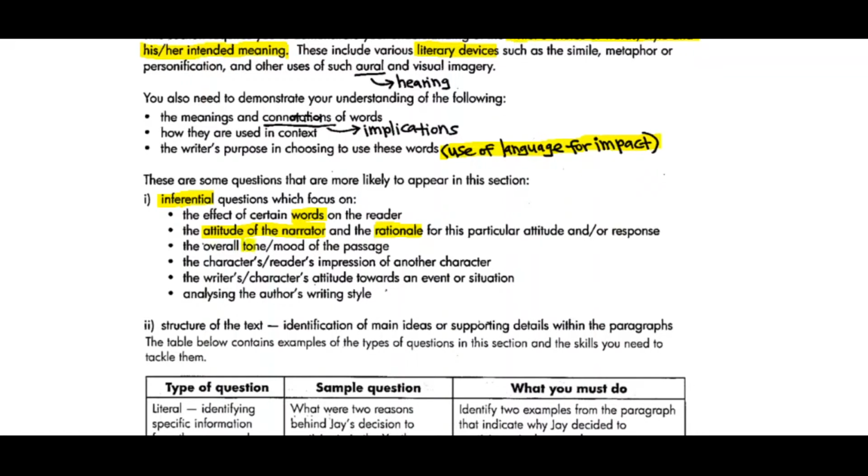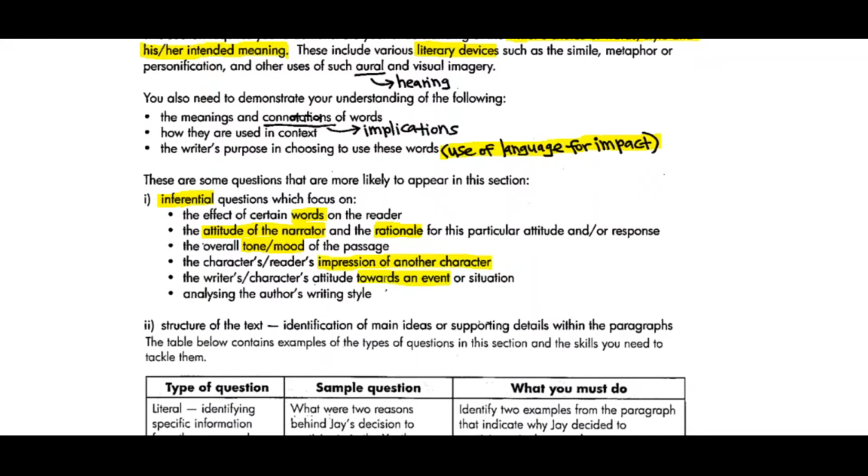You need to understand the tone and the mood of the passage, which means the tone or mood of the writer. What is the writer's impression of another character? Sometimes the writer will be interacting with someone else, so what is he thinking about this person? Of course, there is also his attitude towards a situation.